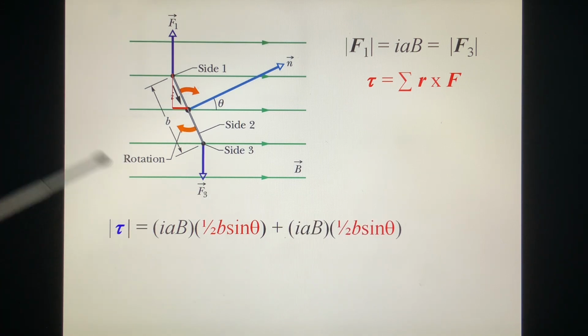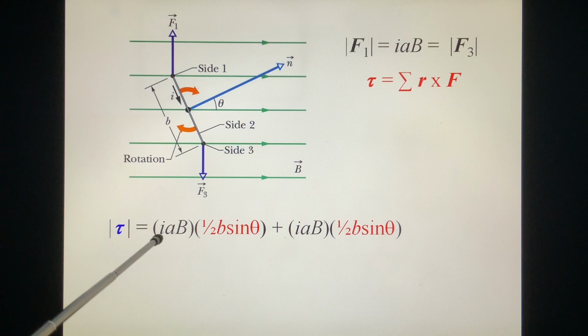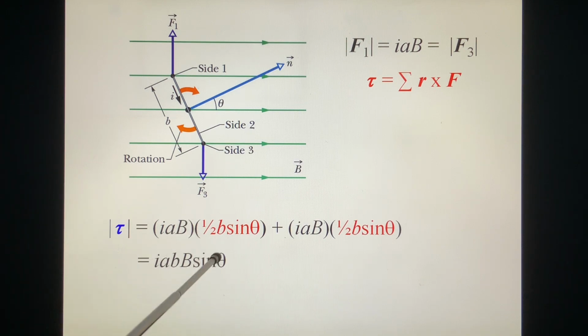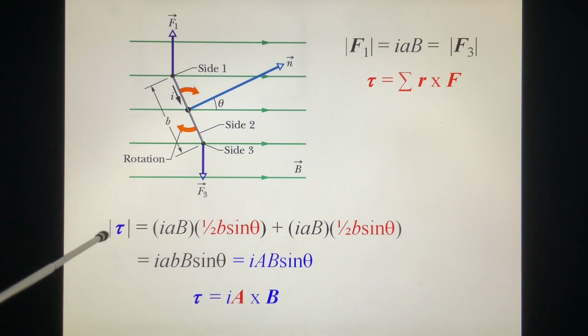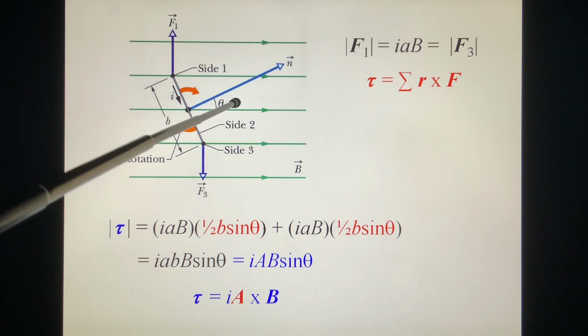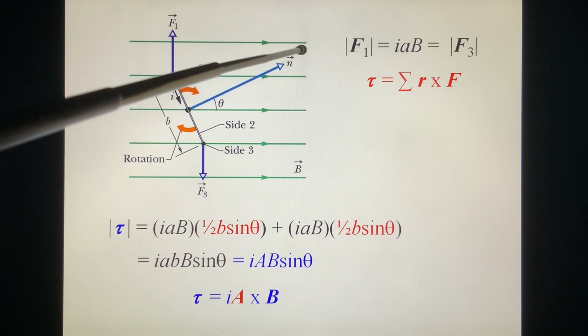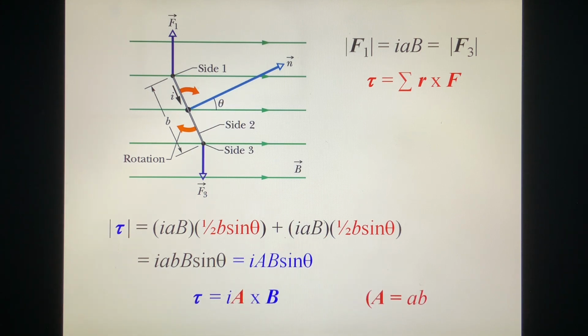So this pair gives a torque acting on this loop. Put together, we get I a b B sine theta. This a b is the area of this loop, so we call this A. So the torque can be written in general as I A cross B. Theta is the angle between n, the direction of A, and B. A has the magnitude a b, the area, and direction perpendicular to the loop, the n.